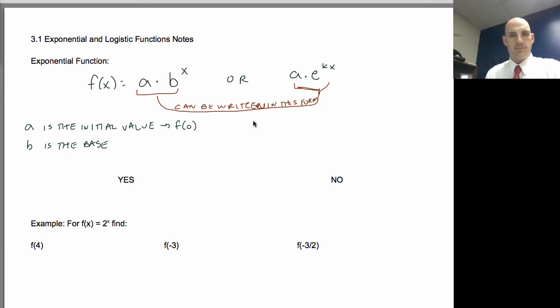Another note, if a is greater than 0 and k is greater than 0, f of x is a growth function.